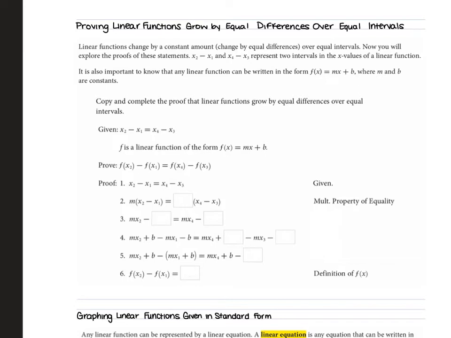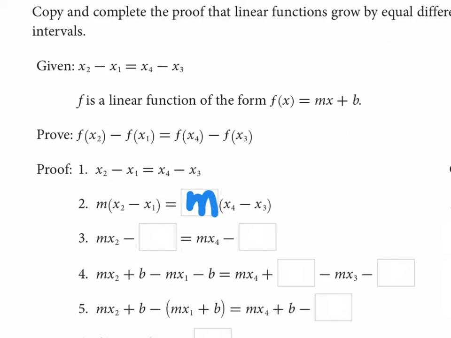The slope times x2 minus x1 is going to equal the slope times x4 minus x3. So if we distribute that m in, we're going to have mx2 minus mx1 is equal to mx4 minus mx3.